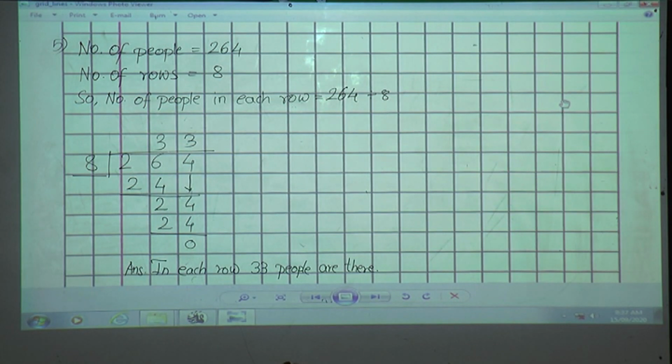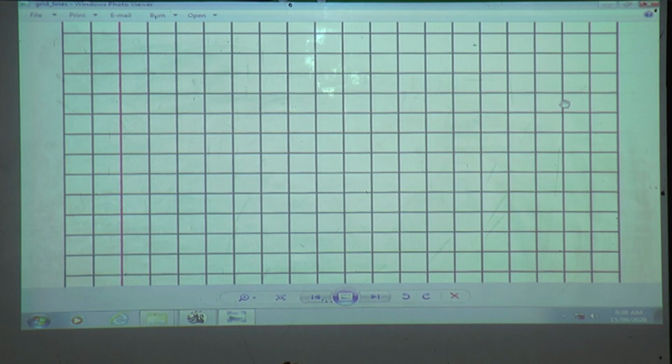So we have to find out how many people are seated in each row. For that, what we have done here, 264 by 8. After the division, here we got the answer 33, means in each row 33 people can sit. Yes, okay. Next question, sixth one.